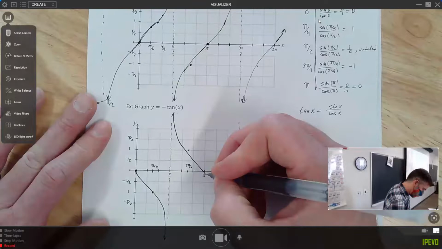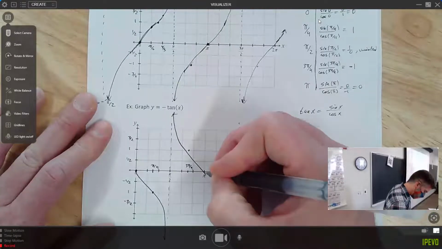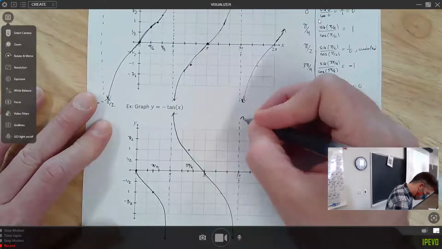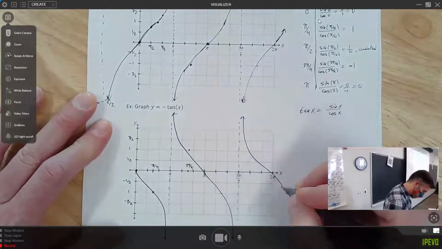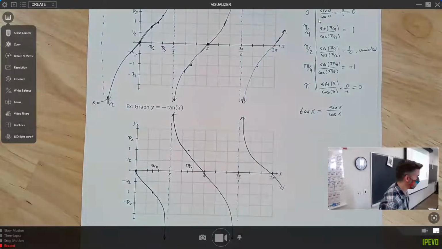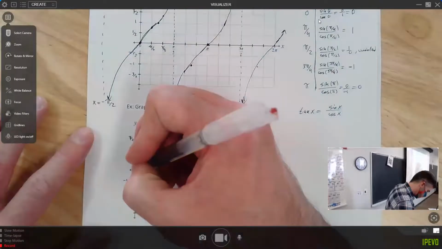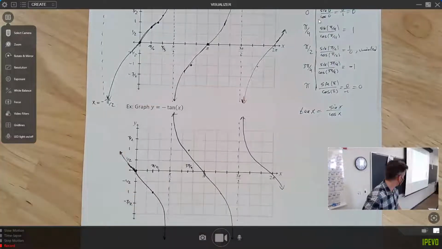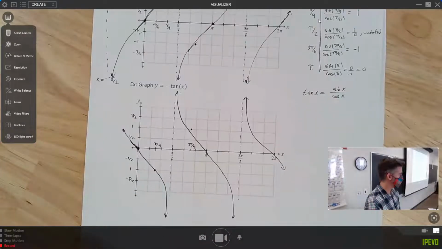And then we keep going this way. Your results may vary depending on how good a drawer you are. I don't think it's a crime to look at Desmos to see if your graph looks relatively decent.